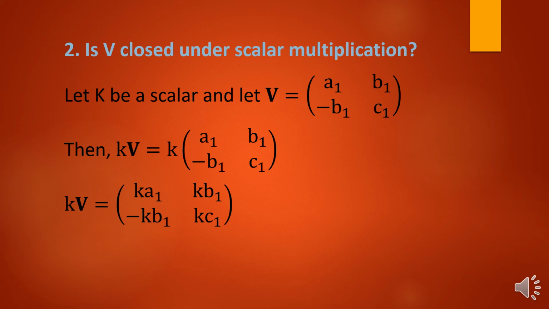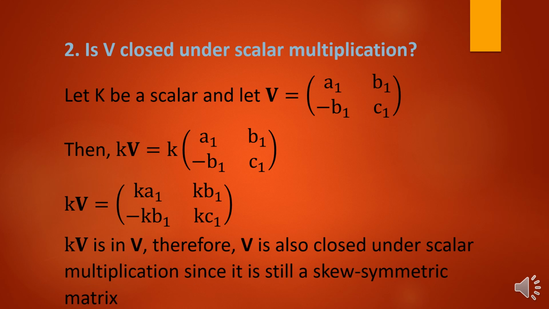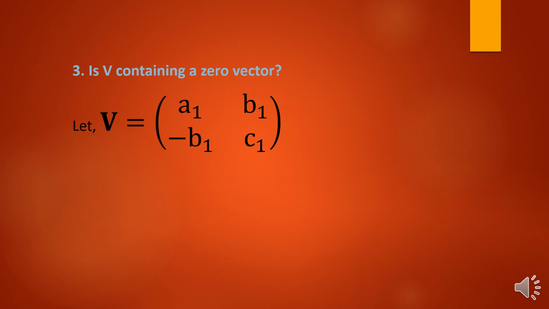I will get K A1, K B1, negative K B1, K C1, and you're going to realize that still KV is in V, and therefore V is still closed under scalar multiplication, since it is still a skew-symmetric matrix.